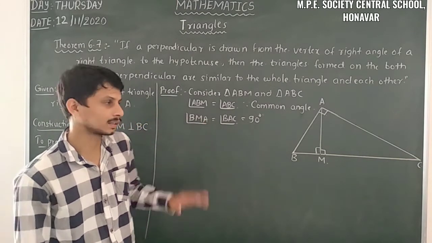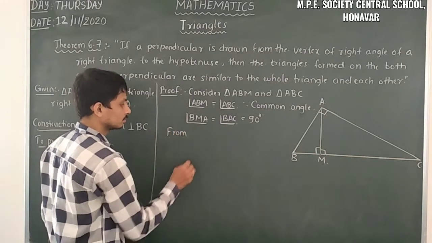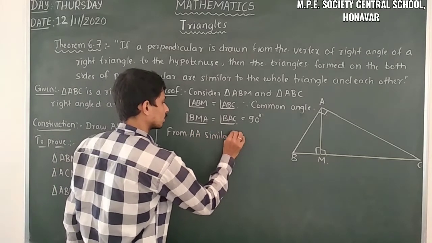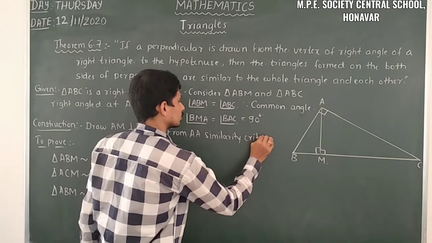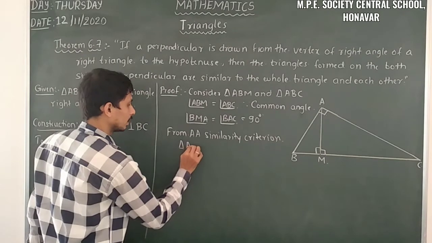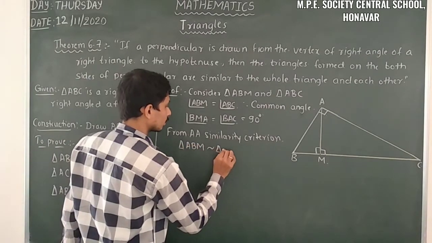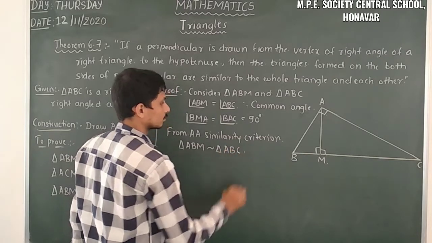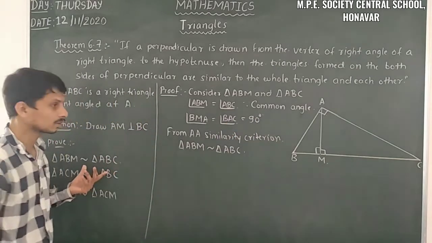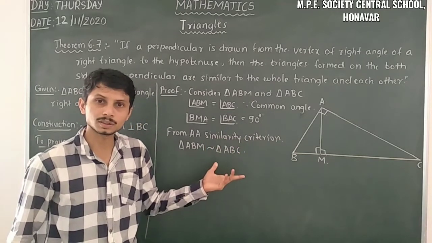So also we can write, from AA similarity criterion, we can write triangle ABM is similar to triangle ABC. Yes, so we have the first proof. Also you can write AB is equal to AB, that is also possible.